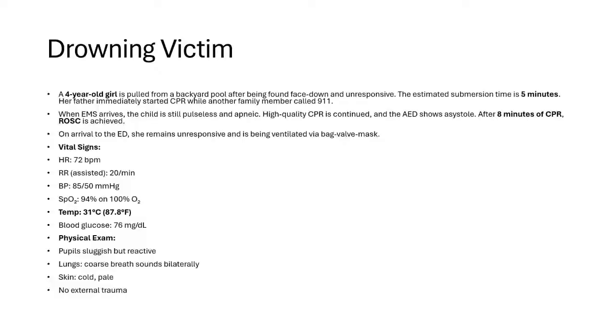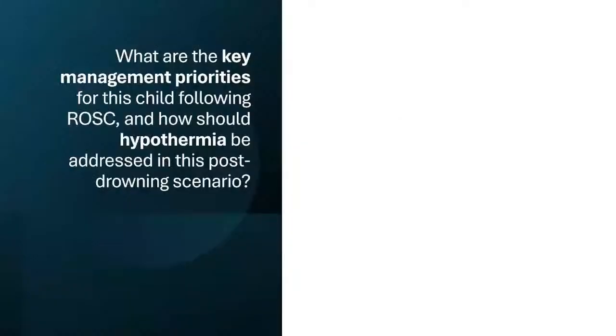On the physical exam, pupils are sluggish but reactive. Lungs are coarse bilaterally, skin is cold and pale, and no external trauma. So what do we think the key management priorities are for this child? How should we do the hypothermia management in this case?